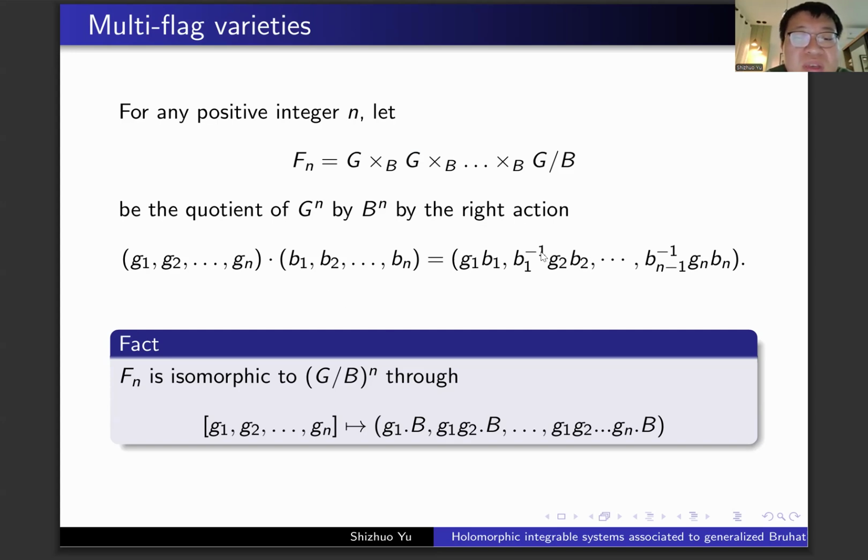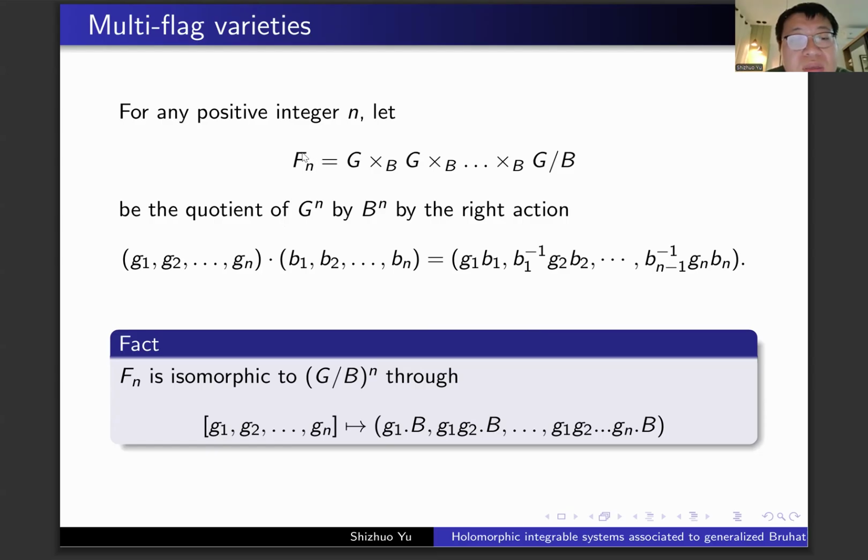In the construction of the Bott-Samelson varieties, this kind of twisted action and pairs are involved. And even in the study of the moduli space of flat connections, this kind of twisted action also appears.